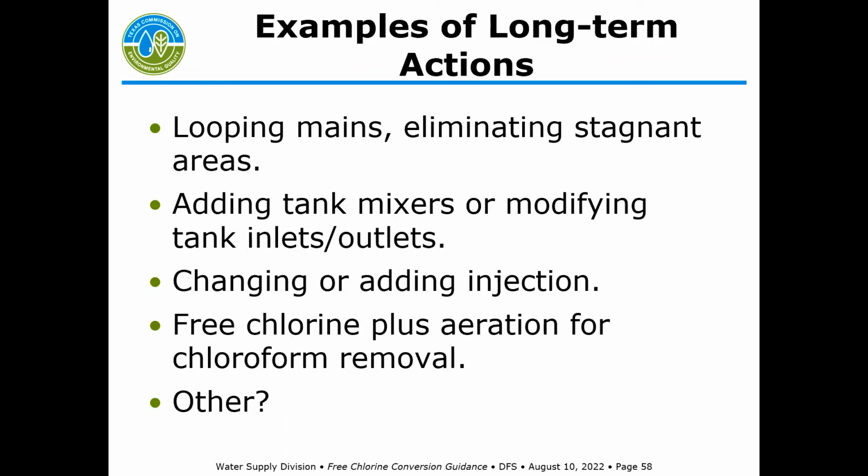Examples of long-term actions could be, if you've got stagnant areas and dead-end mains, you may need to eliminate those. You may consider adding tank mixers or modifying your tank inlets and outlets if the tanks are part of the problem. Changing where you're injecting or boosting may be an important way to overcome the problems you're having.